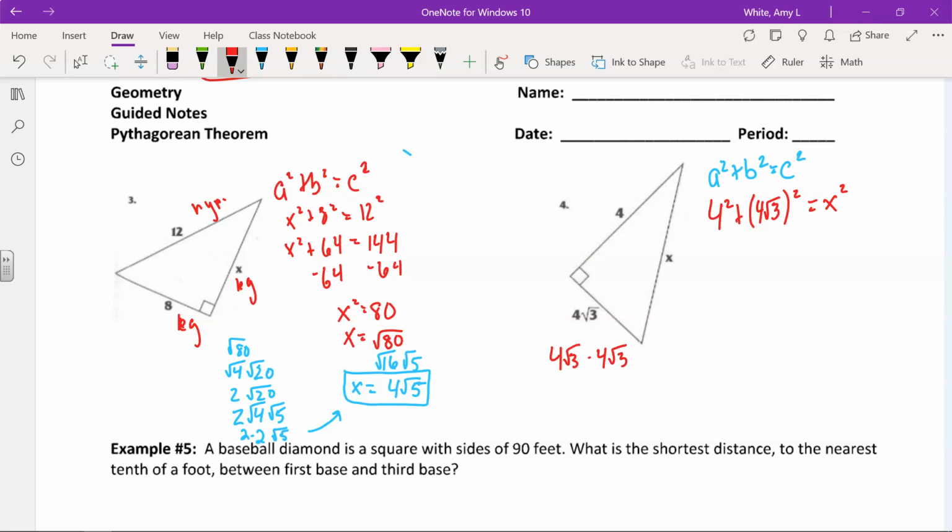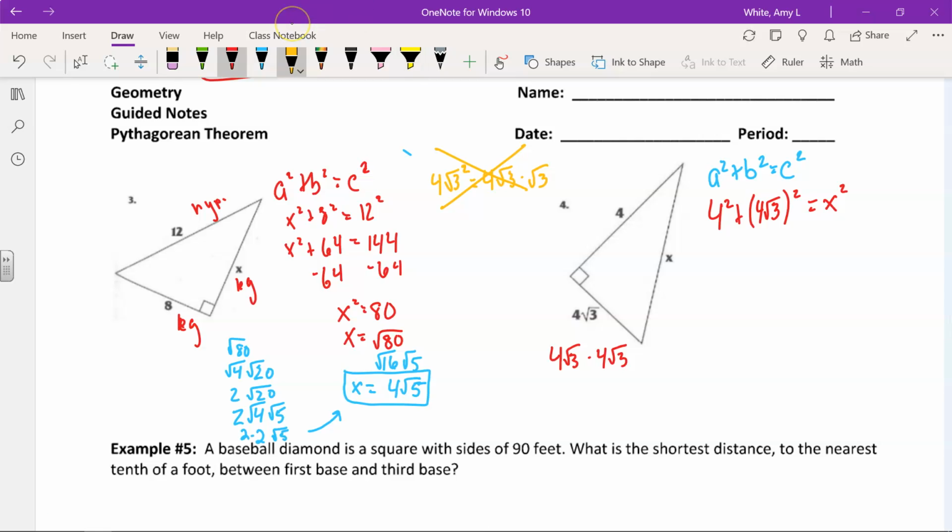If you do not do parentheses, then that exponent will only apply to the last part of that number. And what you would be doing is 4 root 3 times root 3. So that would be if you wrote down this without any parentheses, because you're only squaring that last piece. These are not the same thing. This is bad. Do not do that. We want to square the entire thing.